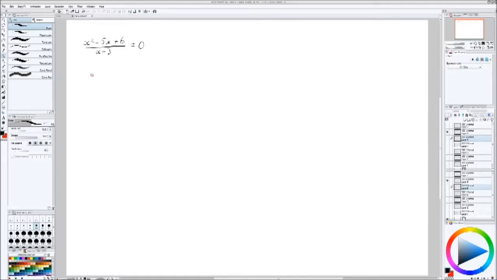So if we factorize this one, we've got x squared minus 5x plus 6. Now you can factorize that top part without a problem, because the thing is, if you multiply both sides by x minus 3 just to get this by itself, that side will still be 0. So let's plug that into the quadratic formula.